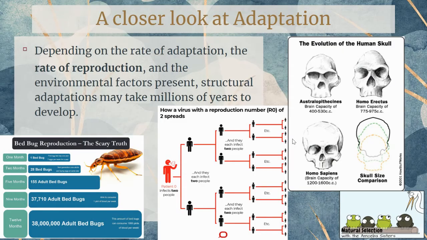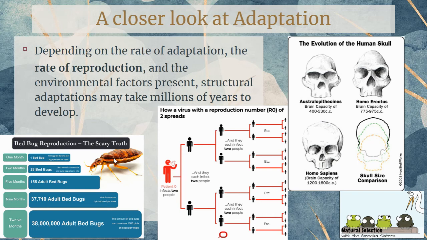Depending on the rate of adaptation, the rate of reproduction, and the environmental factors present, structural adaptations can take millions of years to develop. Or, like we saw with the giraffes, organisms that have a higher rate of reproduction, and it's usually smaller. The smaller you are, the quicker they reproduce. So, insects, bacteria, they have a really quick rate of reproduction.